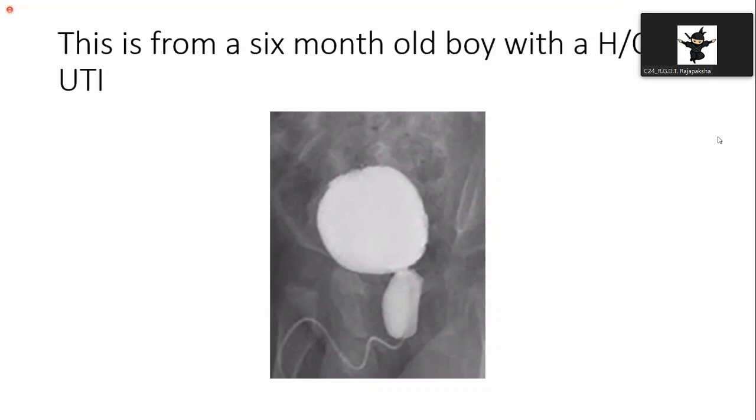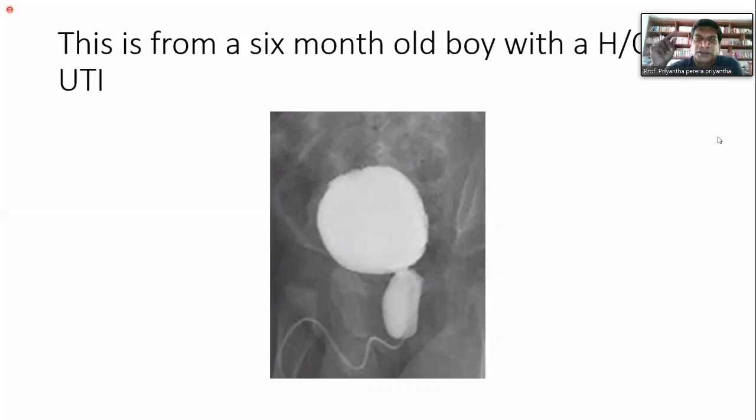Neurogenic bladder, yes. Obstructive conditions like PUV, good. When there is a posterior urethral valve, you need higher pressure in the bladder to evacuate, so you might not be able to empty the entire contents of the bladder, like in posterior urethral valve or urethral strictures. You can have post-micturatory volume.